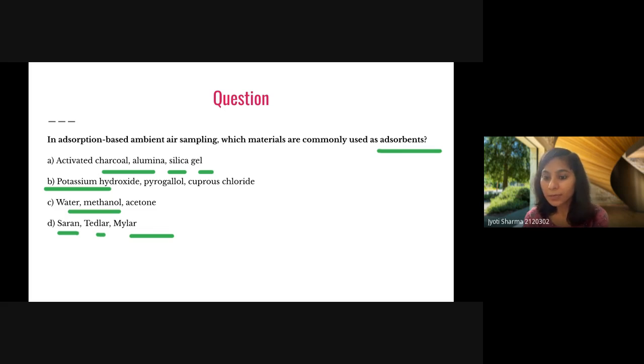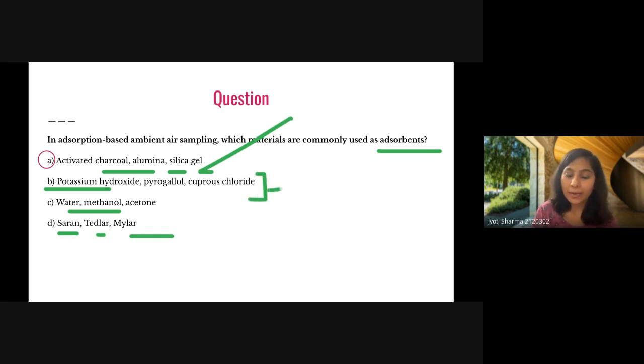Okay, so Priscilla and Venkateshwara gave me A. Yes, so I agree with this one. This one is right, because this is the part of chemical absorbent, right? This is again the part of chemical absorbent, and this is... can you tell me what kind of sampling it is? Whenever we are storing into some bags, then this will be your grab sampling.